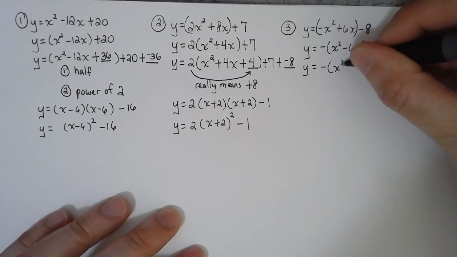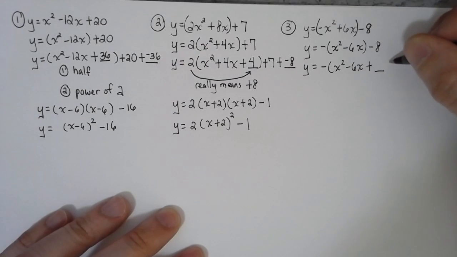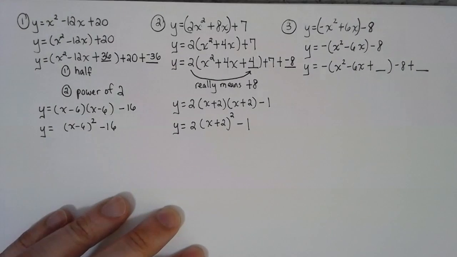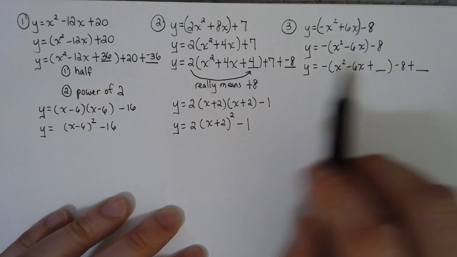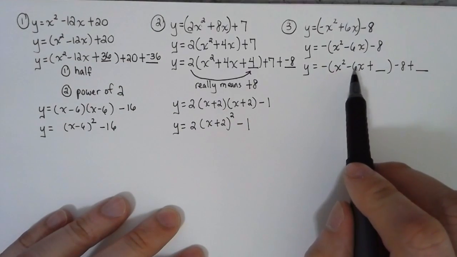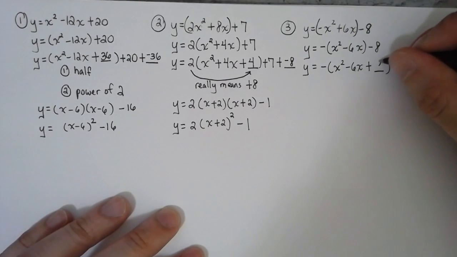We now have to find the number that needs to go inside the parentheses once more and cancel it out once again outside the parentheses. Once more, repeat these two steps. Half of negative 6 is negative 3, and negative 3 squared is positive 9.